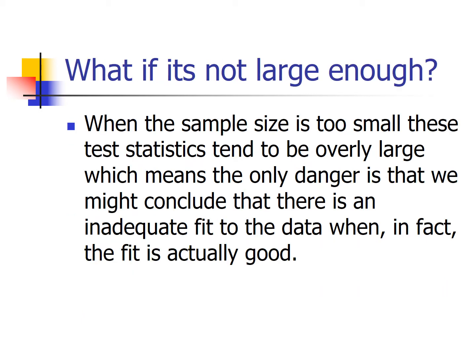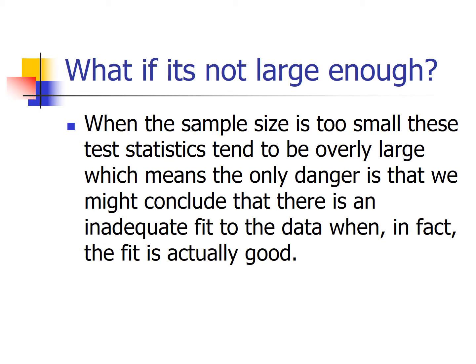Now, this is a nice example where if we don't have a large enough sample size, it's maybe not a big deal. It turns out that when the sample size is too small, there's an upward bias.